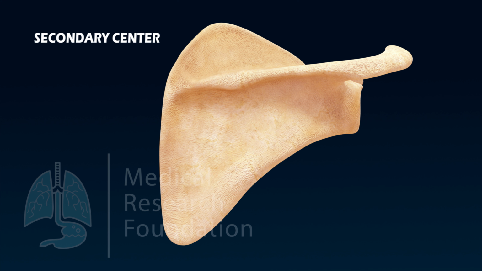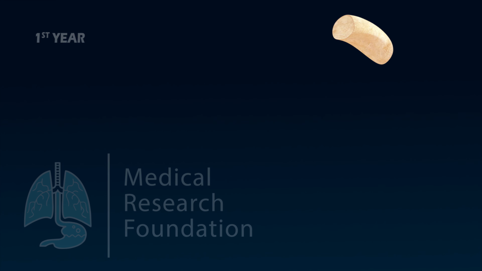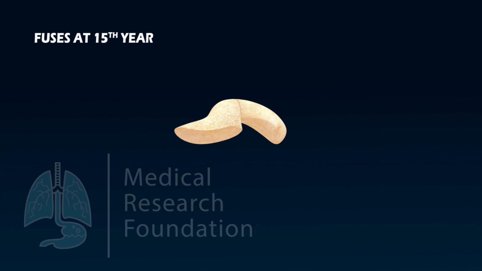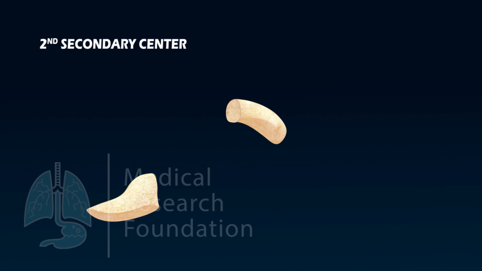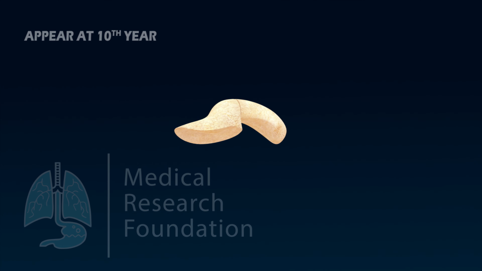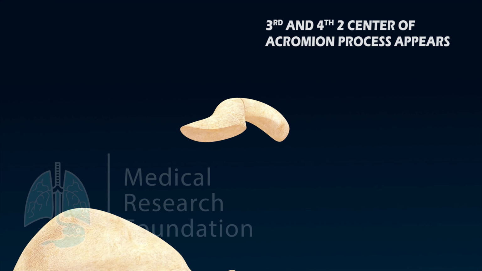Secondary centers: first secondary center for coracoid process appears at 1st year and fuses at 15th year. Second secondary center is subcoracoid center, appears at 10th year and fuses at 16th year.